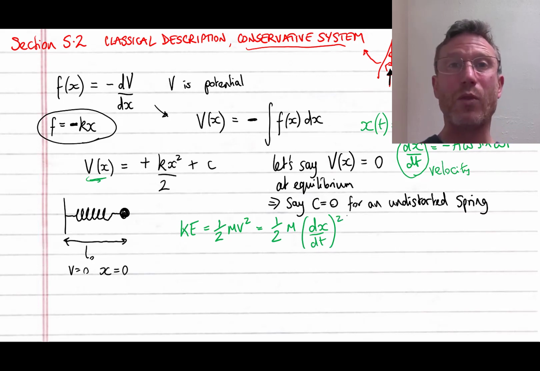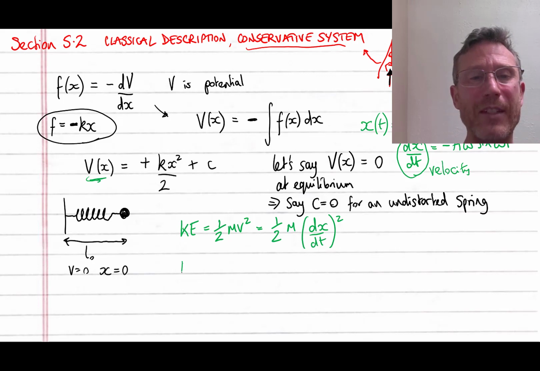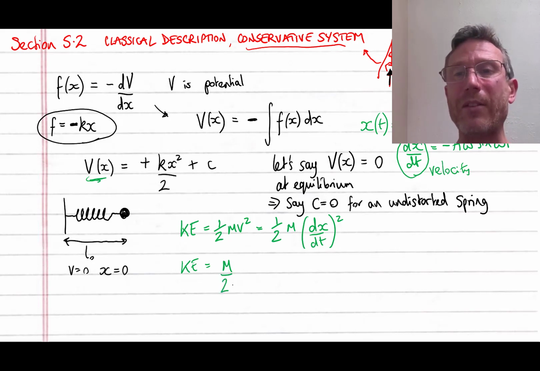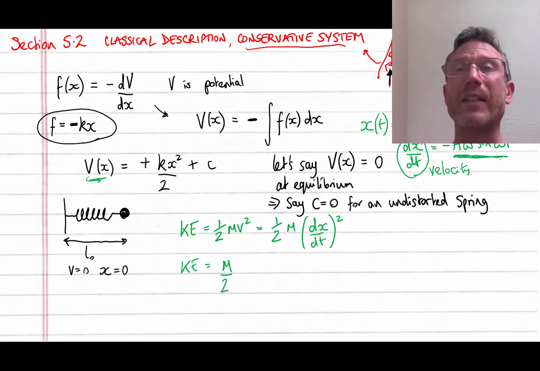So note we are squaring the derivative here. We're squaring the result of that derivative because we're squaring velocity. This is not a second derivative in here, so we've got to make sure we're clear on how we write these things down. So let's round this out and say that kinetic energy is equal to m over 2 times the first derivative, minus a omega sine omega t, squared.